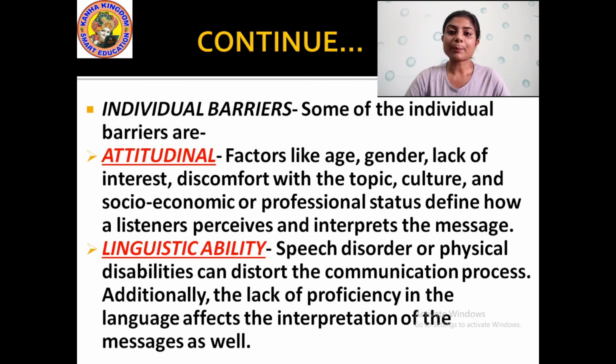Suppose I give you an example of age and gender. If you are trying to send a message to a person who is much elder than you, then you have to frame that speech in such a way that it is understandable by the elder one.